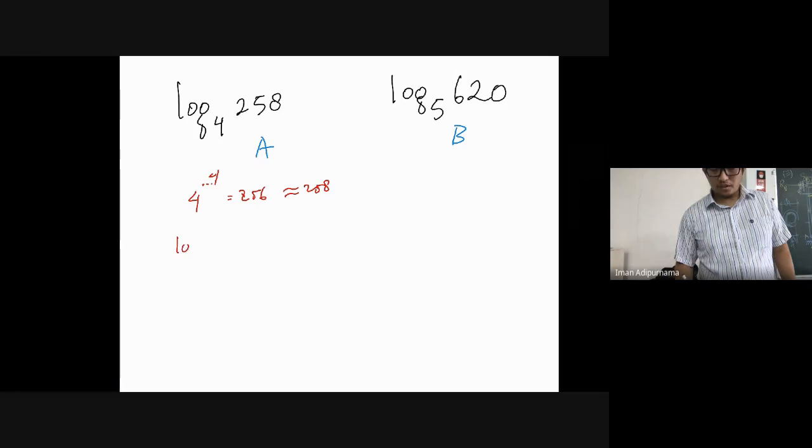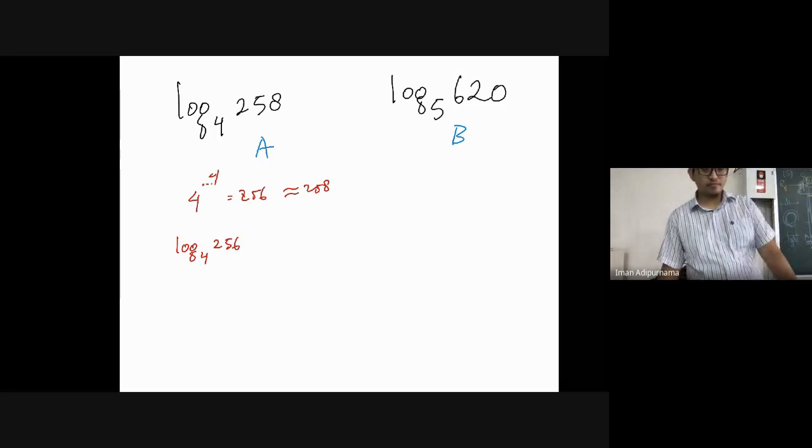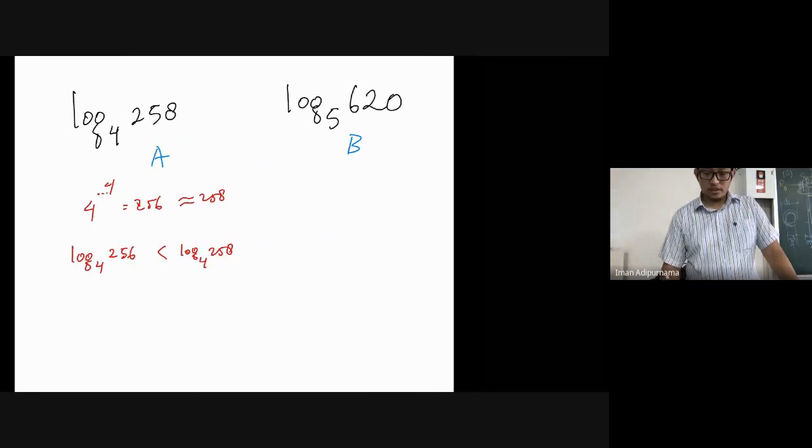So log base 4 of 256 is 4, and log base 4 of 258 is more than that. That's the first case. And the other one, let me write the exponent, 5 with some power closer to 620: 625, right?